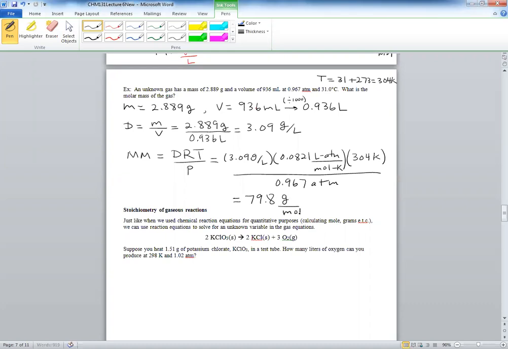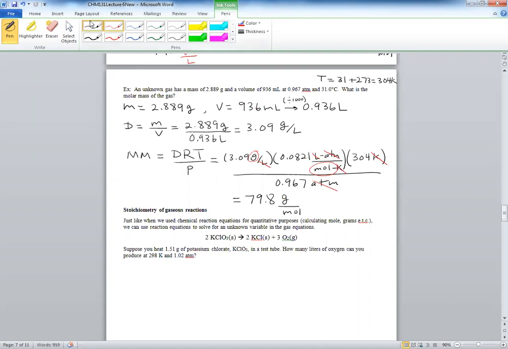I hope you're able to see how the units cancel out. So ATM cancels out. Kelvin cancels out. Liters cancel out. You're left with grams per mole right here.